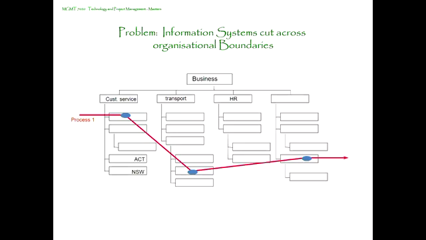The information system has to work right across the organisation. Typically it has a database that's used by lots of subsystems within these different silos. And this presents a problem because it comes in from the side instead of through the top. The reporting is no longer flowing up to the business, it's going sideways.